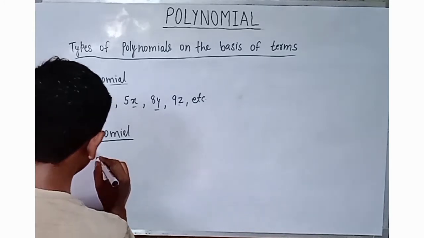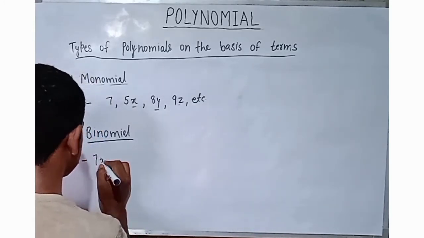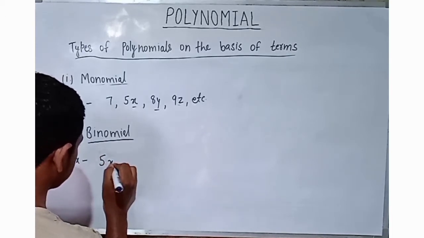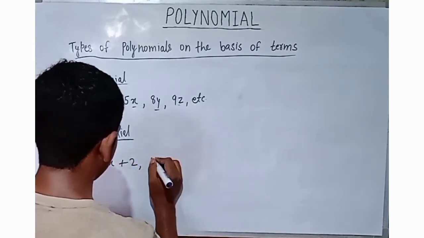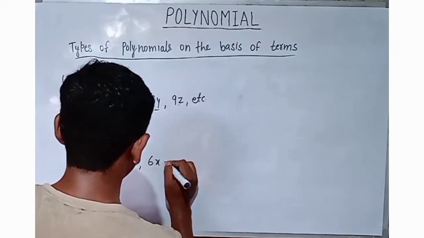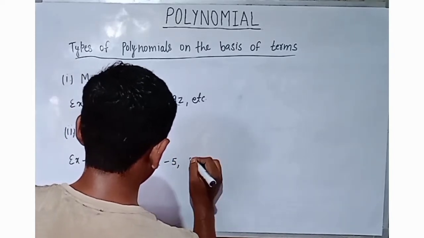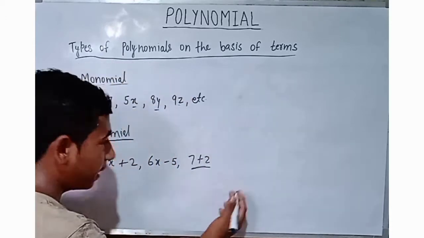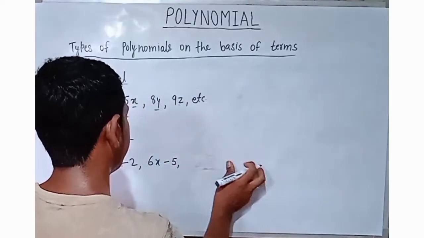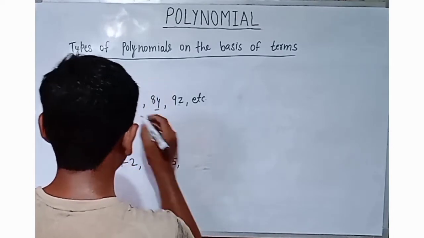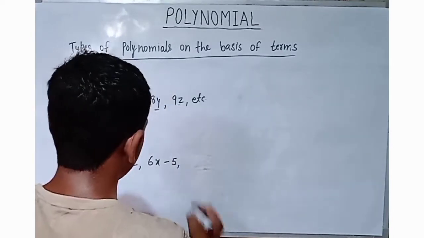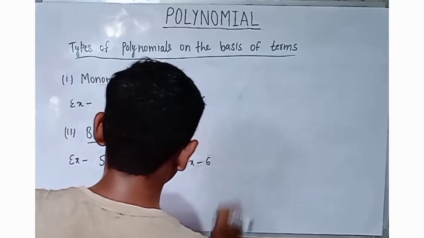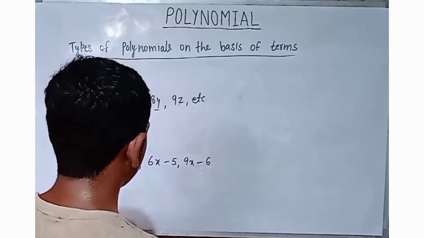So example, 7x or say 5x plus 2, 6x minus 5, okay? 7 plus 2, see here, but it can be simplified again, so it will be 9. So 9 will be monomial, okay? If you write 9x minus 6, then it will be binomial.